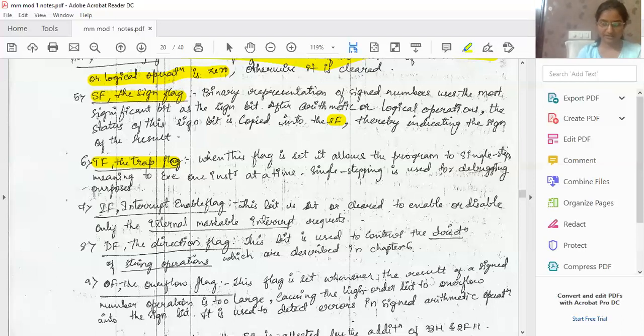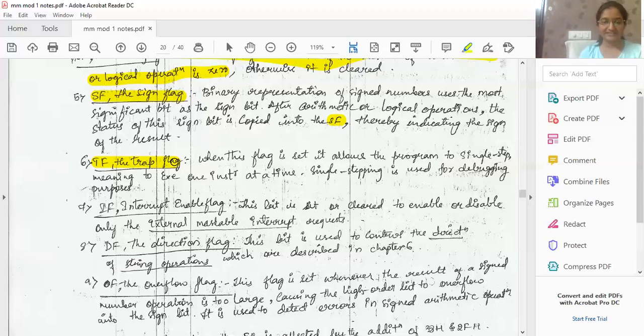Are you all getting it? So the trap flag is controlling the fashion in which the instructions are being executed. So this is called a control flag, right? If it is set to 1, that means it will not execute more than one instruction at a particular instant of time.